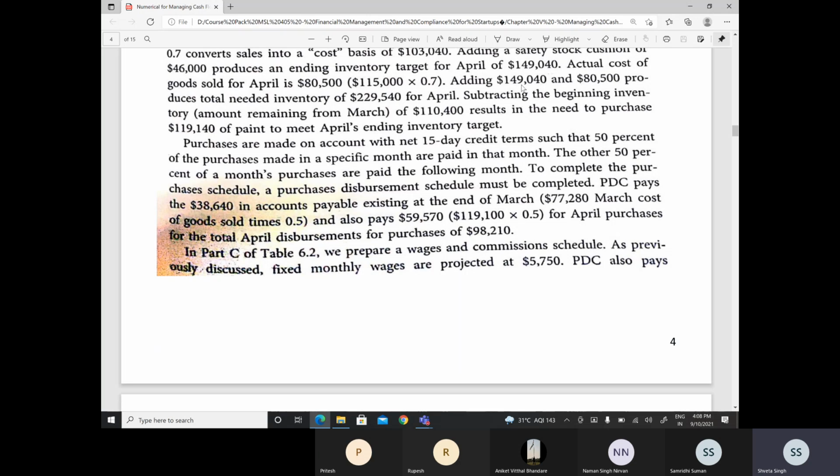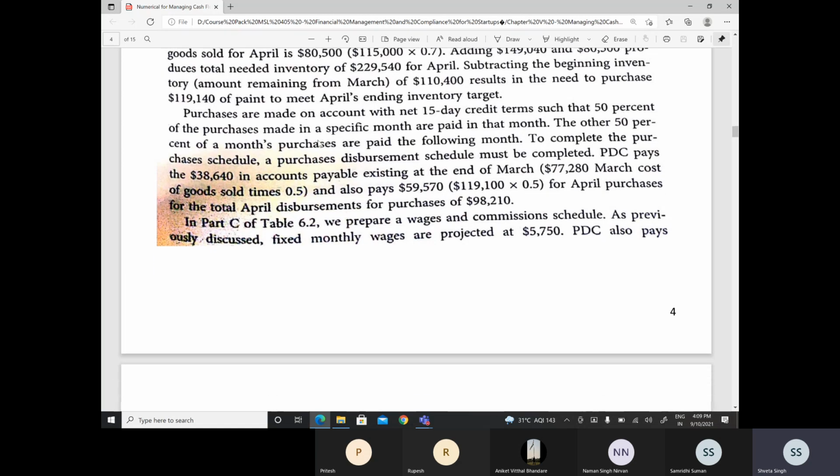So adding 149,040 and 80,500 produces the total needed inventory of 229,540 for April. Subtracting the beginning inventory, that is the amount remaining from March, of 110,400 results in the need to purchase $119,140 of paint to meet April's ending inventory target.